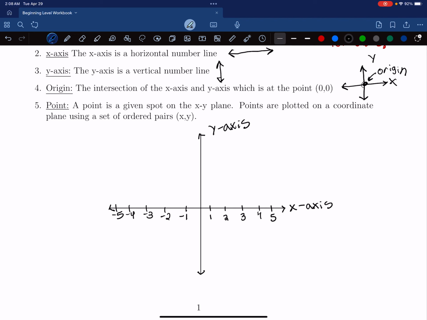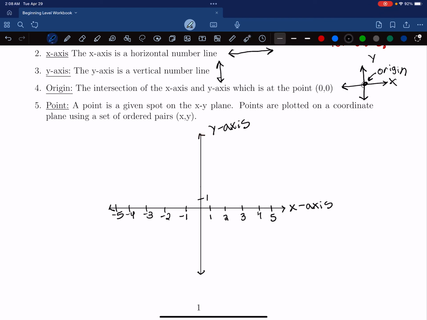And then looking at our y-axis, our positive terms are going to be when we're above the x-axis. So since we're above the x-axis here, these are going to be our positive. This is where the positive numbers are going to be on our y-axis.